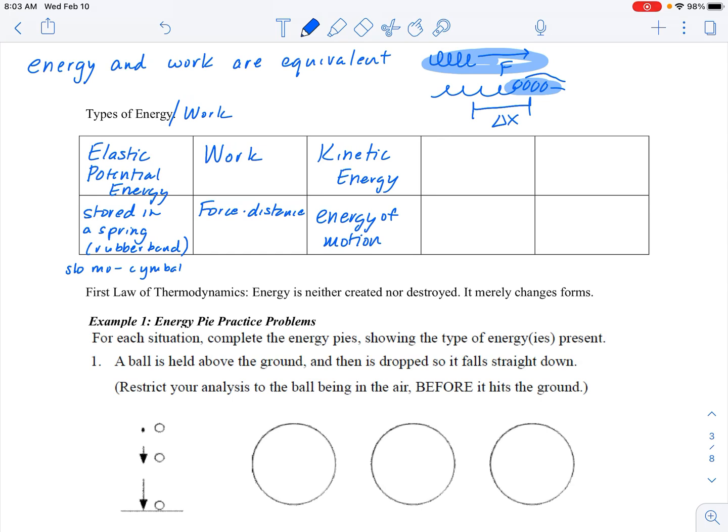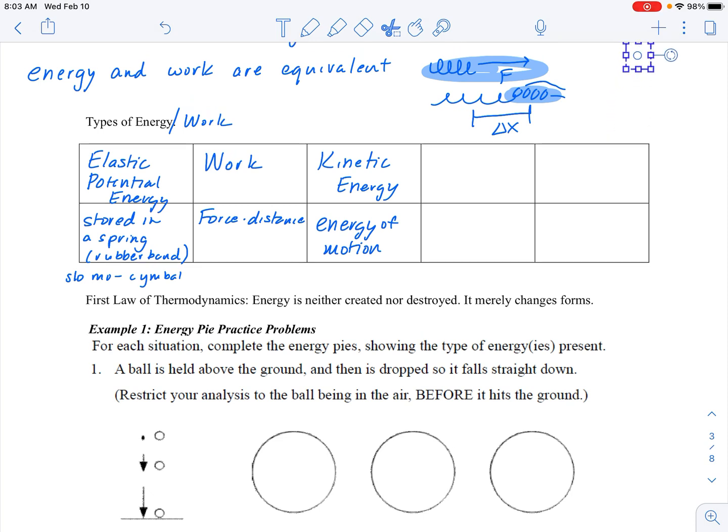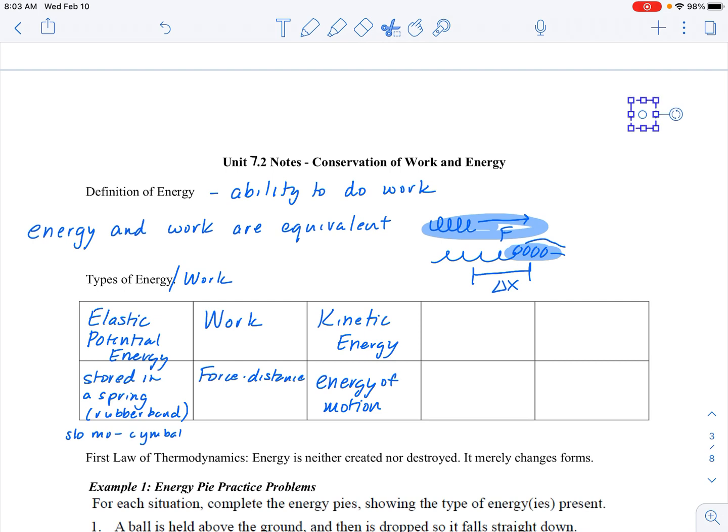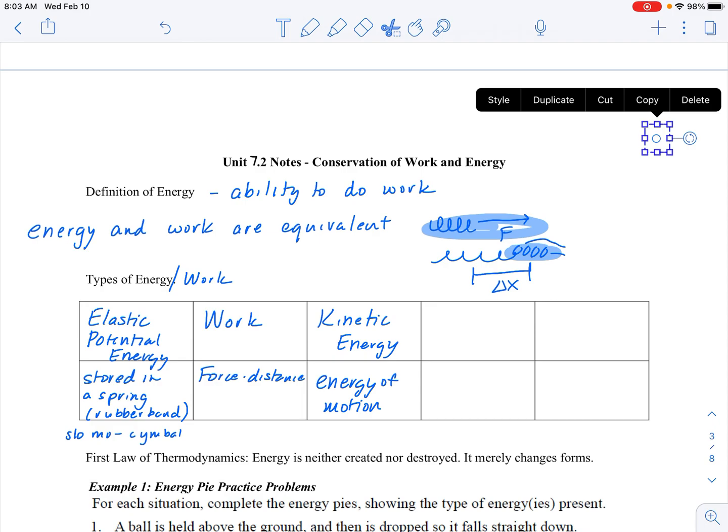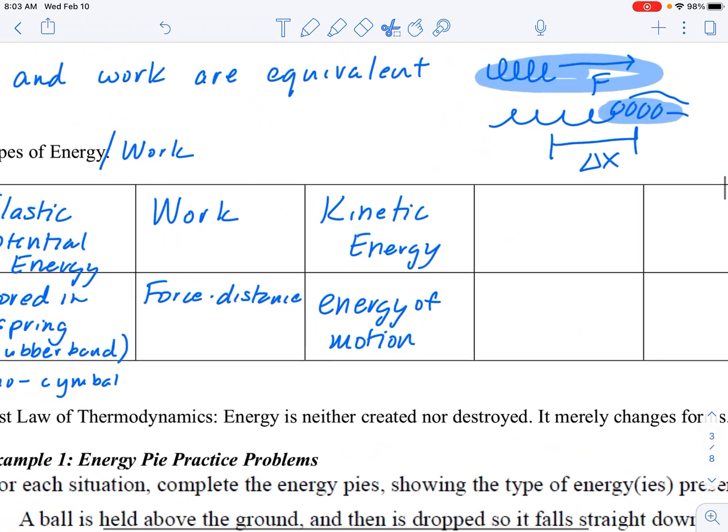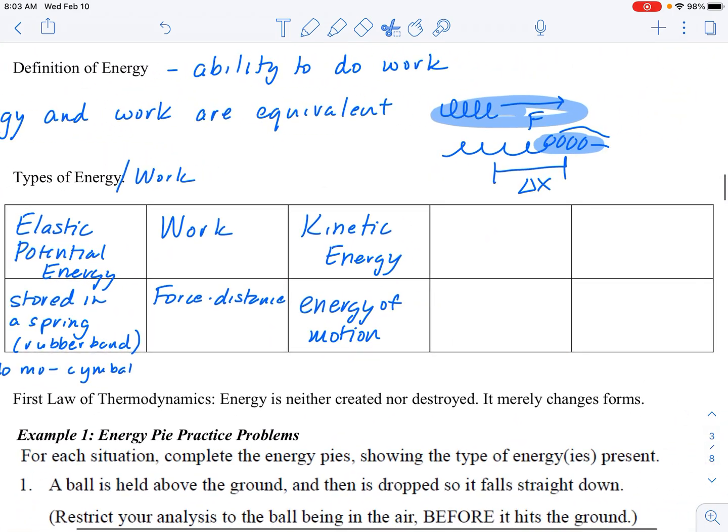Another type of energy that we have, what's another way that I could give an object kinetic energy? We studied this earlier in the class. If I take a ball and I lift it, I can also drop the ball. And when the ball falls, it gains this kinetic energy. It gains this energy of motion.